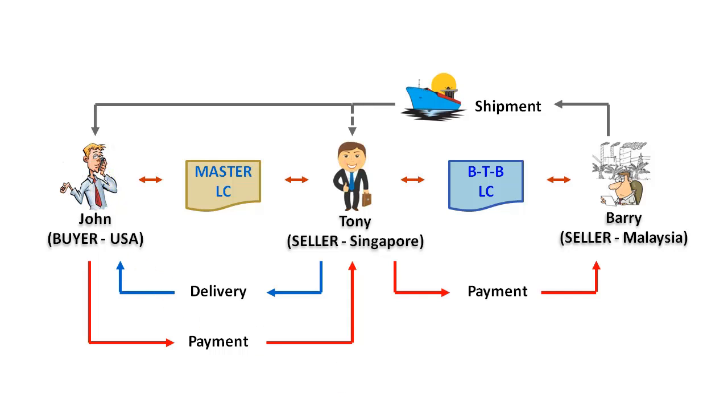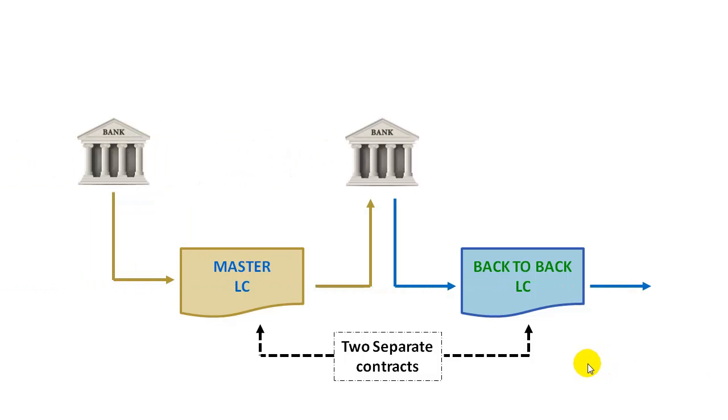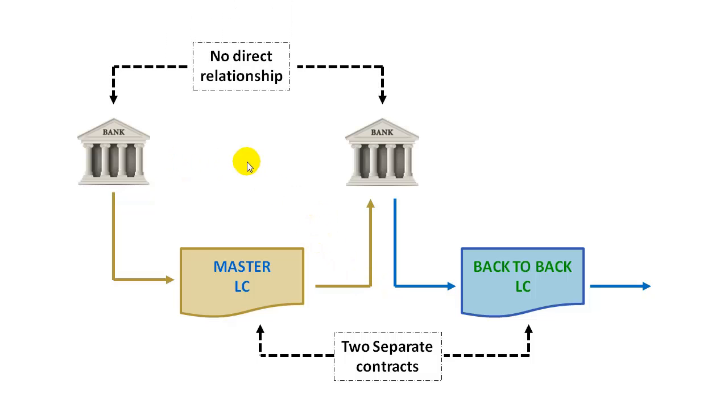The other important thing that we should know concerning a back-to-back LC is that since the Master LC and the back-to-back LC are entirely two separate payment contracts, the bank which issues the Master LC and the bank which issues the back-to-back LC have no direct relationship with each other.